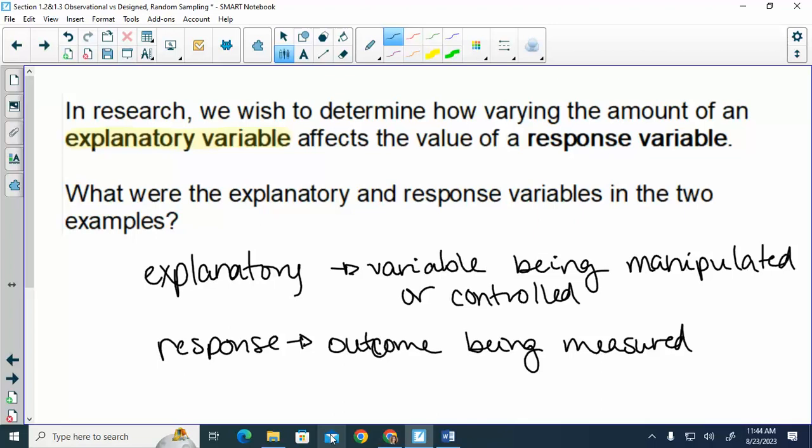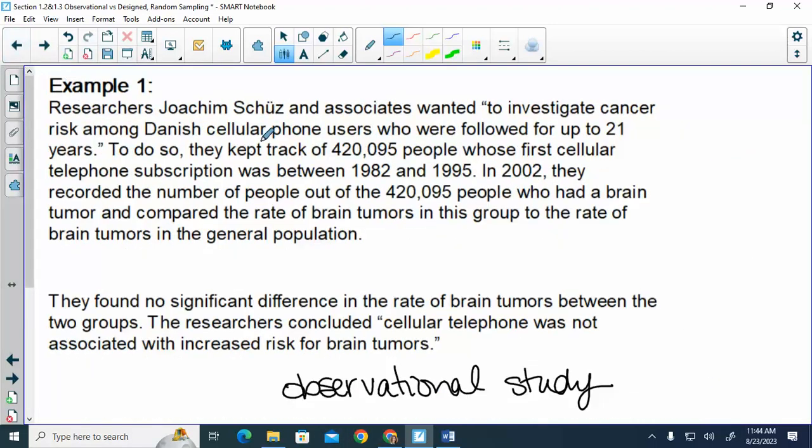Okay, so if we think back to those examples that we just did. So the first example, when they were watching the cell phone use and looking at brain tumors, the explanatory variable, they weren't actually manipulating anything because it was an observational study, but what was the thing that would have been the explanatory variable or the controlled variable here?